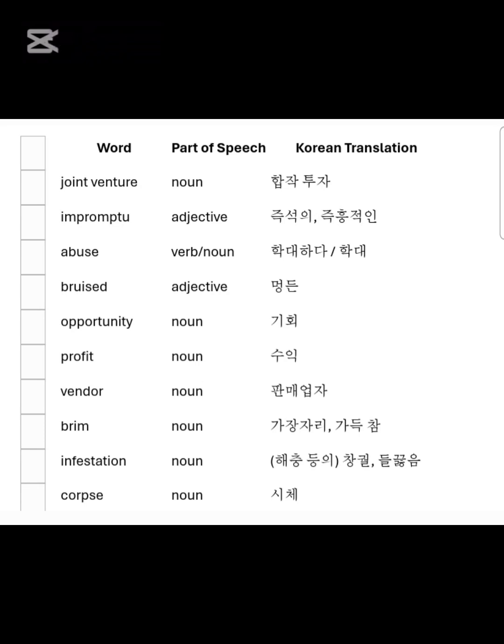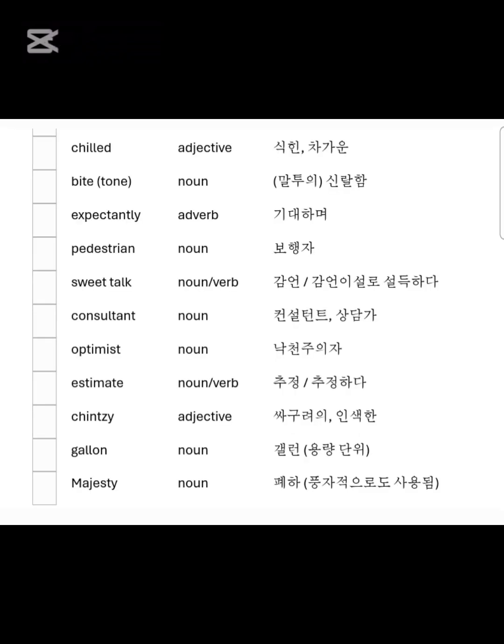Bruised, adjective. Opportunity, noun. Profit, noun, my favorite noun. Vendor, noun. Brim, noun. Infestation, noun. Corpse, noun. Chilled, adjective. I like my beer chilled.